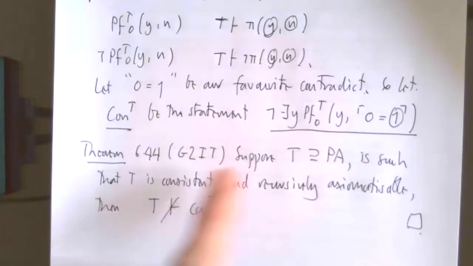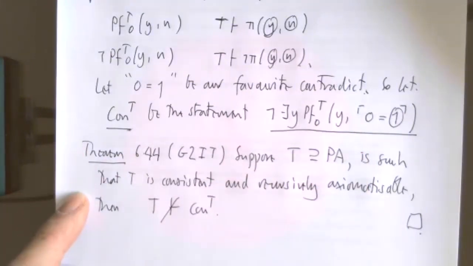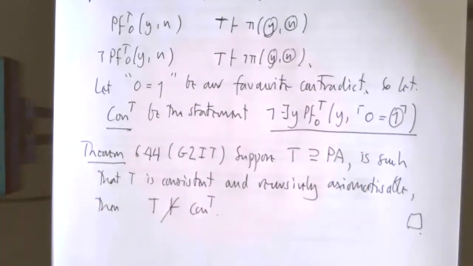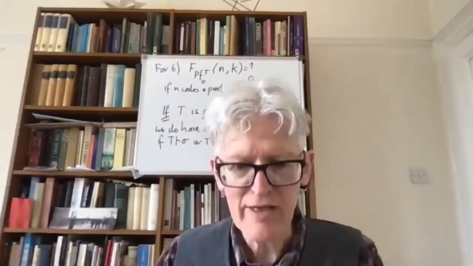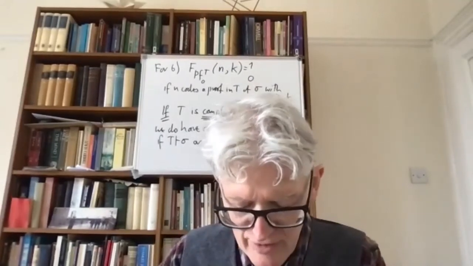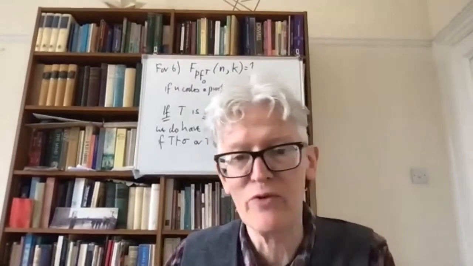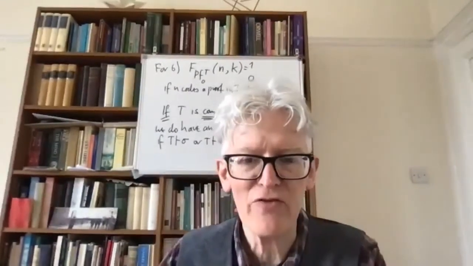So being consistent, we see that it doesn't prove not Con T. So the substance of the theorem is saying that it doesn't prove Con T here. Okay, so this then is a very concrete example of a statement that is not provable nor disprovable in T. It's the consistency statement of T itself.